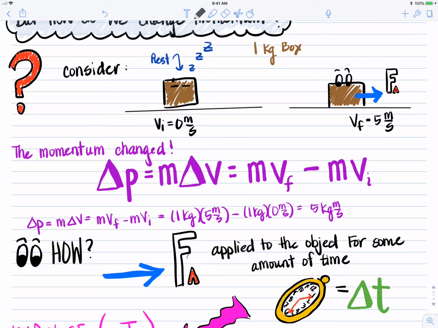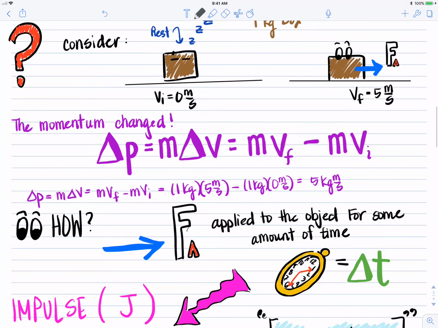But how did I give that ball a velocity to begin with when it started at rest? Well, I did that in the same way that this person accelerated the box from rest. And the way that we did that was by applying a force for some arbitrary amount of time delta t.